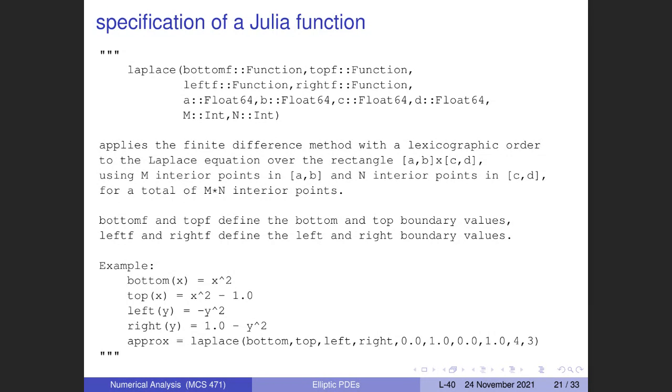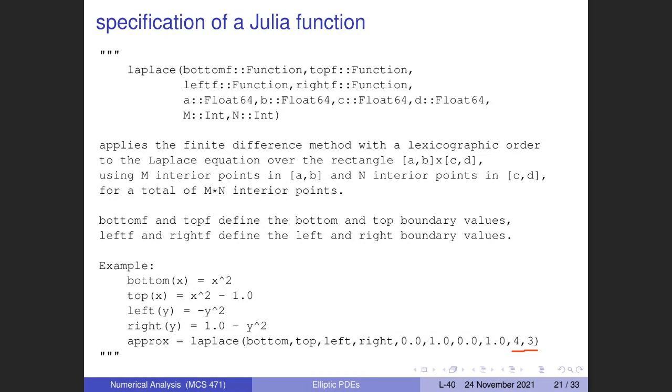Here we have the four functions that respectively define the bottom, the top, the left, and the right. The example shows possible functions. The example contains valid code, and it will give us a system of 12 unknowns. There is the big M, which is 4, and the big N, which is 3. So we have 12 unknowns.